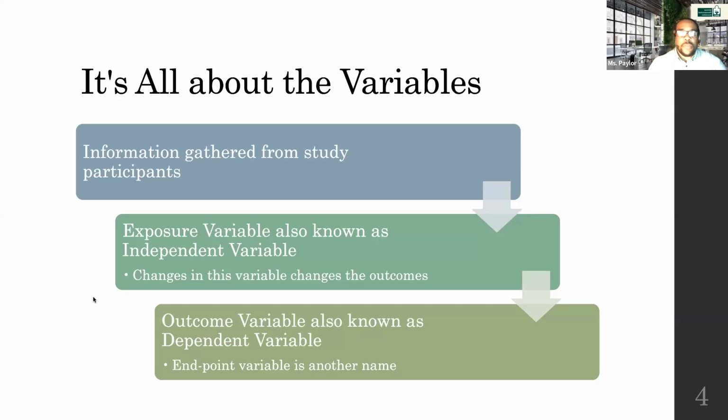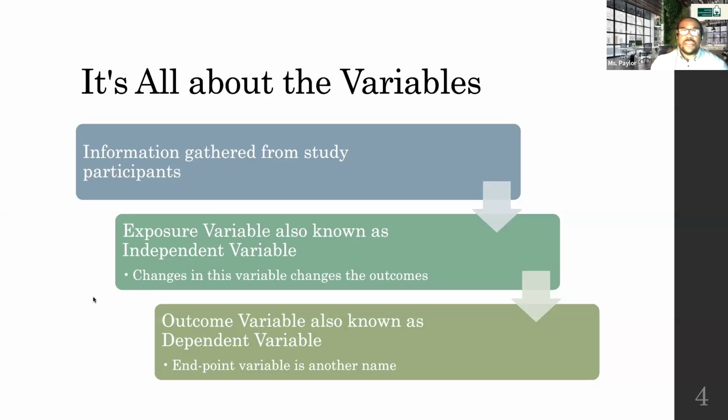For instance, if you're trying to see if cigarette smoking is strongly associated with lung cancer, we would look at patients who have reported smoking for a period of time and see if they have lung cancer, and then look at the rates of lung cancer in those people who haven't smoked. Ethically, we won't be able to just give people cigarettes and follow them around for years to see if they are smoking. So that's one of those things that we do with survey data, but we'll get into the study design in a little bit. Our outcome variable is also known as the dependent variable.